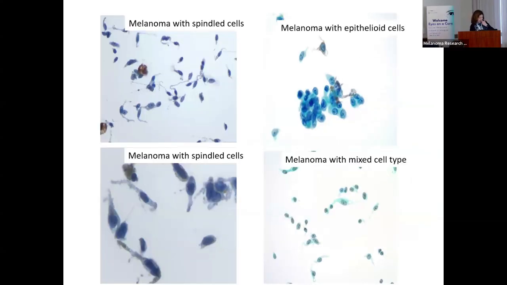So I've just illustrated here all the different types of melanoma cells. Here's one that's all of the spindle cells. And here's one that's all of the plump round cells. And then many times there's a mixture of both, which is at the bottom panel right there.